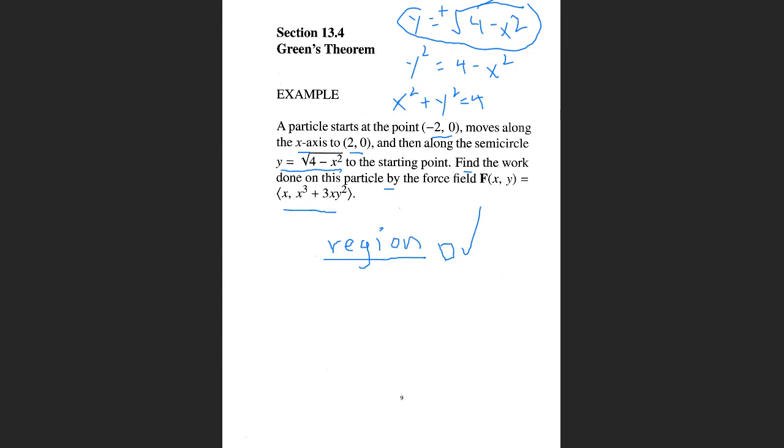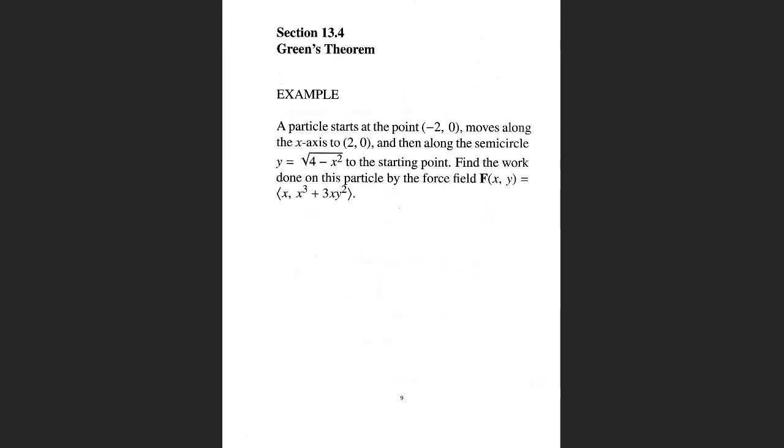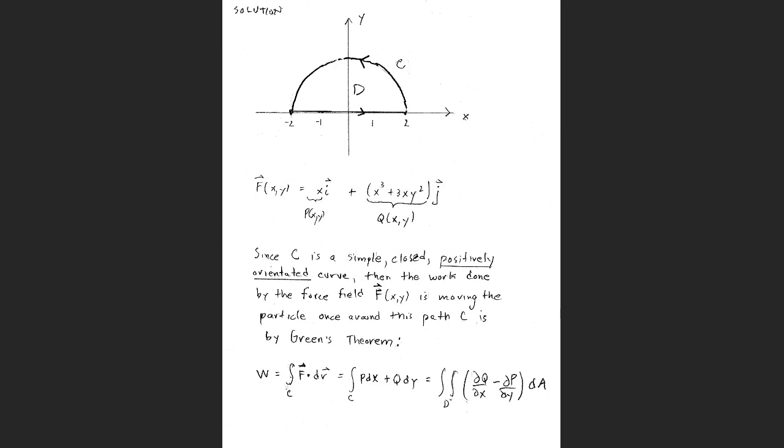Okay, all right, so I just want to draw the region D here, and I know the path that the particle takes. So here's the path that the particle takes. It starts right here at -2, 0, moves from -2, 0 to +2, 0, right? And then it moves along that semicircle.